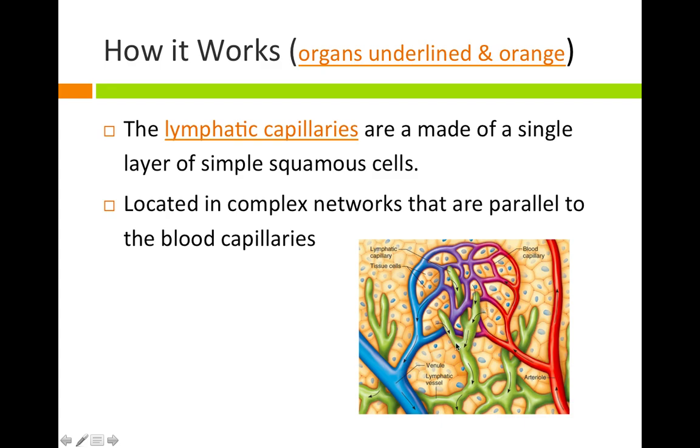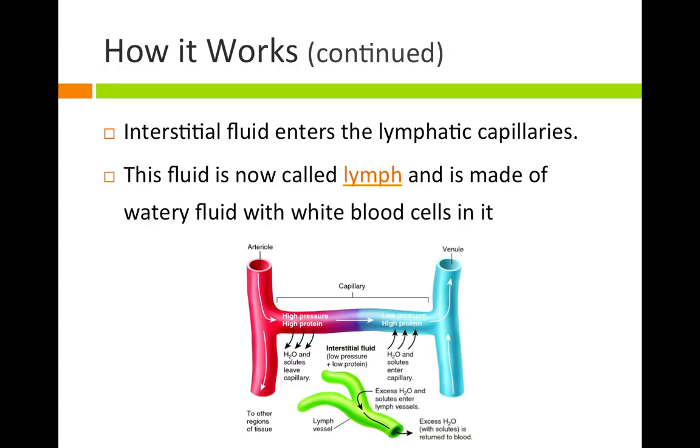As you see, they dead end, and just like the capillaries in our cardiovascular system, they too are made of a single layer of simple squamous cells. Because they're made up of simple squamous cells, they're able to have diffusion occur through them very, very quickly. That's important because we need our interstitial fluid, the fluid from between the cells, to enter these lymphatic capillaries.